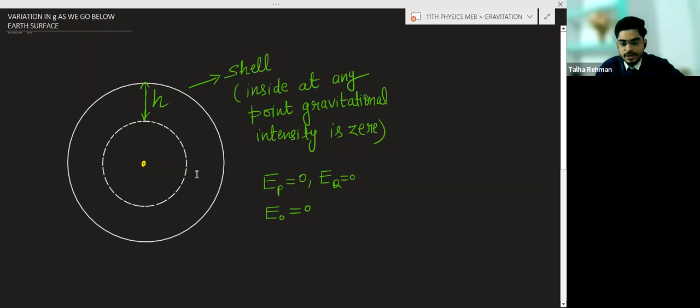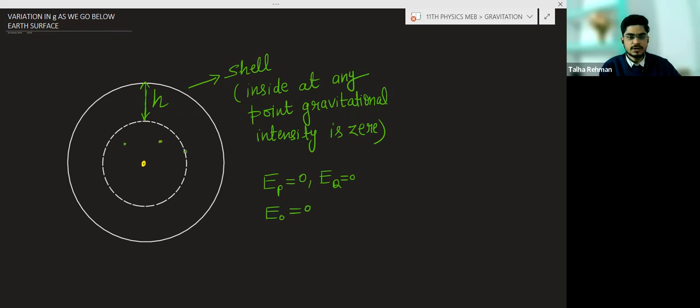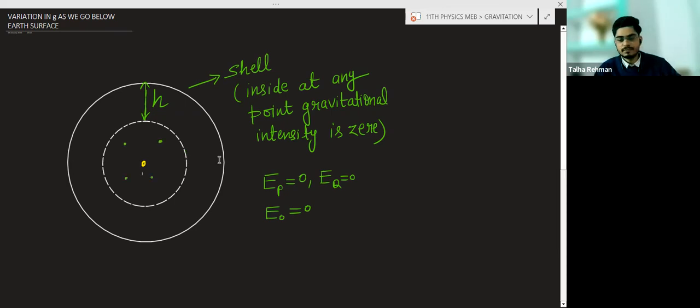Because it will be like a shell, and inside the shell, at any point, the gravitational intensity is 0. That is why this mass will not change the value of acceleration due to gravity here.